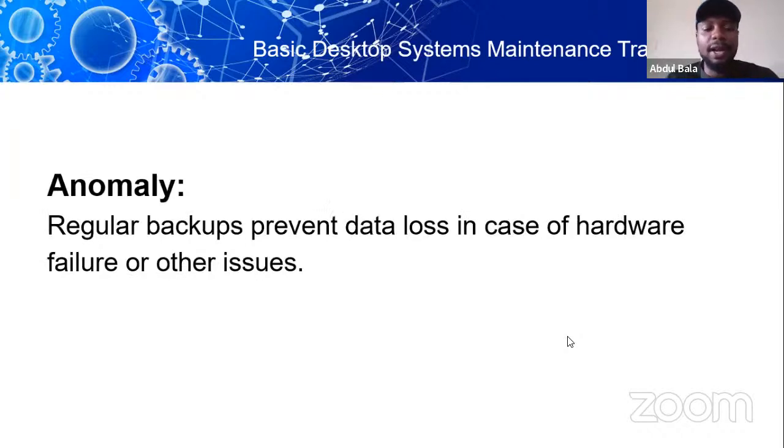Normally, regular backups prevent data loss in case of hardware failure or other issues. You discover some officers say, as you are taking my system, if the documents are lost, ICT will be held responsible. So you have those issues.